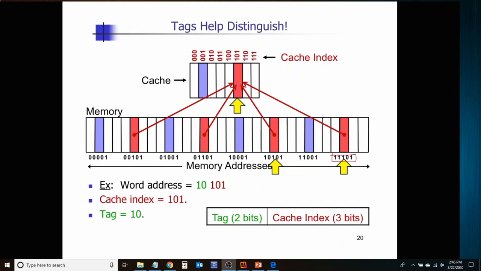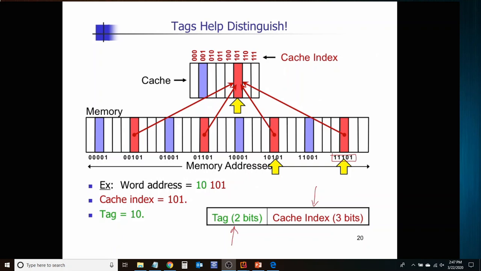Those 5 bits are a combination of 3 bits from the index, and there are going to be 2 bits called the tag bits. So the tag bits are 2 bits.